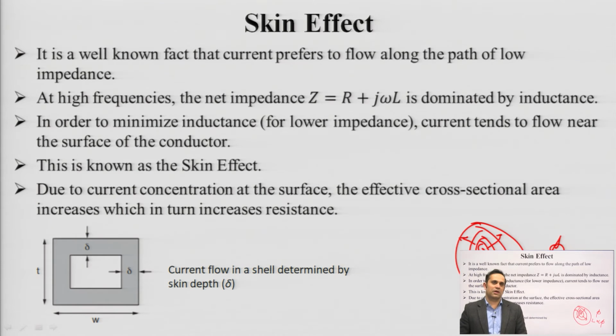Because of this, most of the current, especially at high frequencies, tends to be concentrated on the surface rather than in the center. And when we say surface, we can also consider it in a way that the current is concentrated more on the skin. That is why it is known as skin effect.